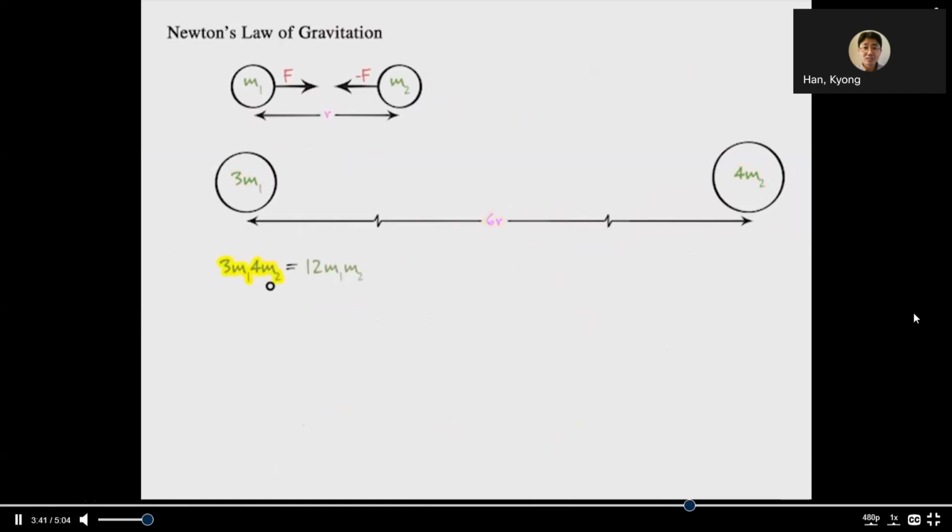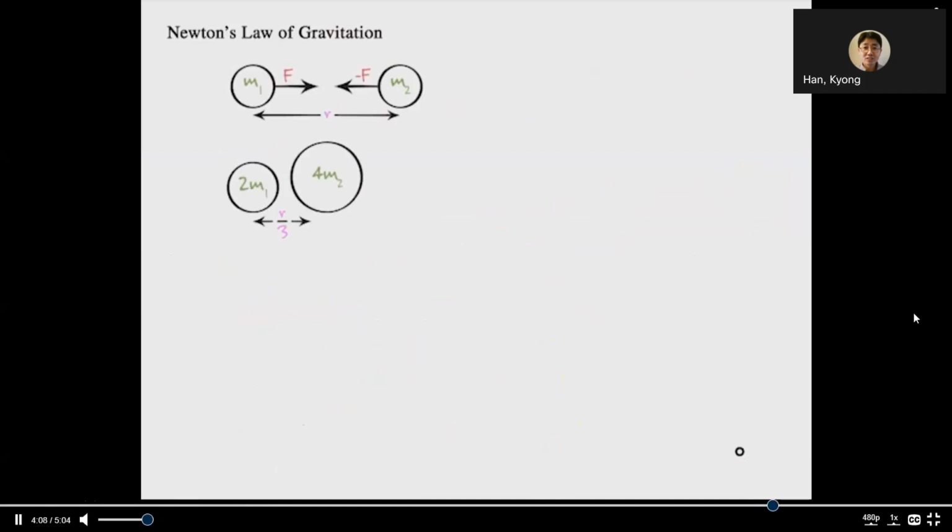Because of just the masses, the force would be 12 times greater. Because of just the distances, the force would decrease. Your distance has increased by 6, so the force decreases by 36 times. Putting these together, the force will change by 12 over 36, or 1/3. So it will decrease overall by a factor of 3.